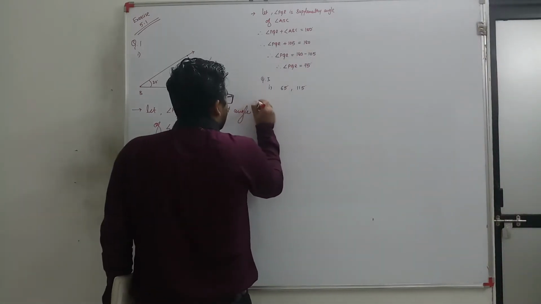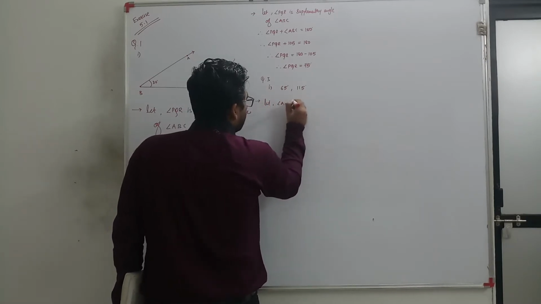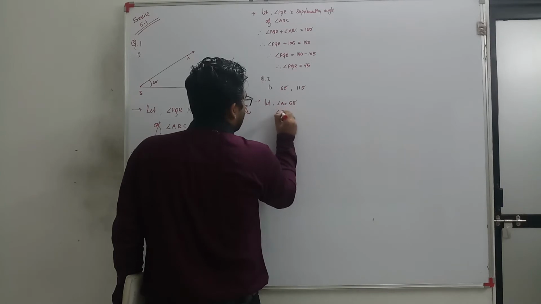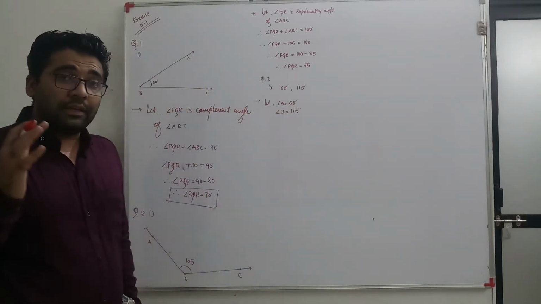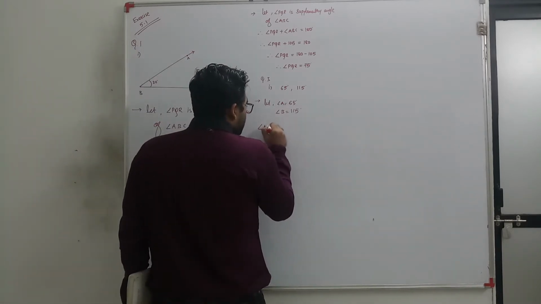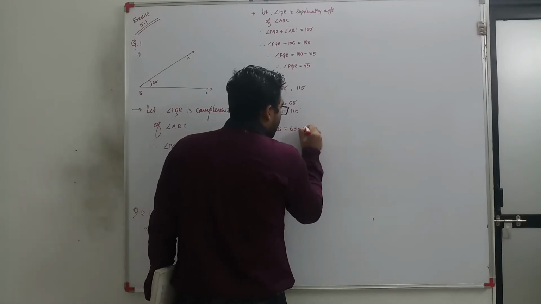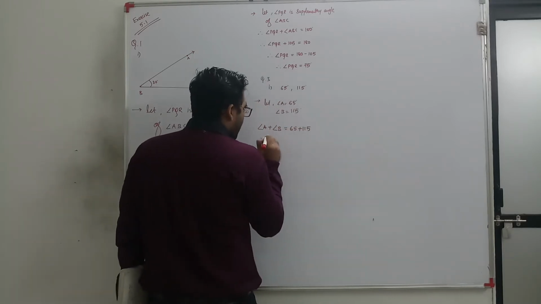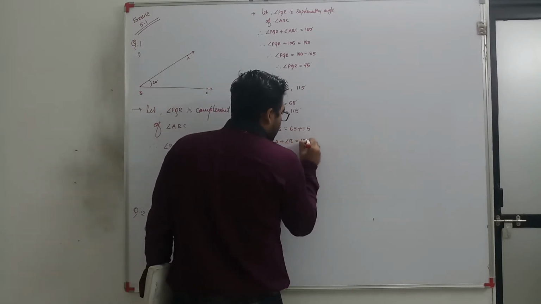Here I am taking, let angle A be equal to 65 degree and angle B be equal to 115 degree. It doesn't matter, you can take any name. Angle A plus angle B is equal to 65 plus 115. Therefore, angle A plus angle B is equal to 180 degree.